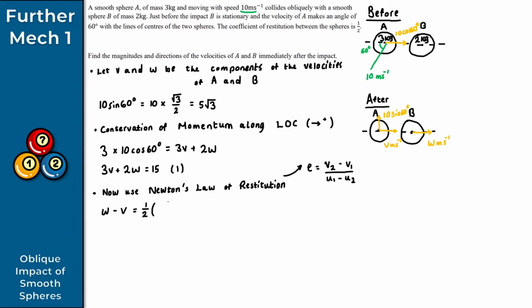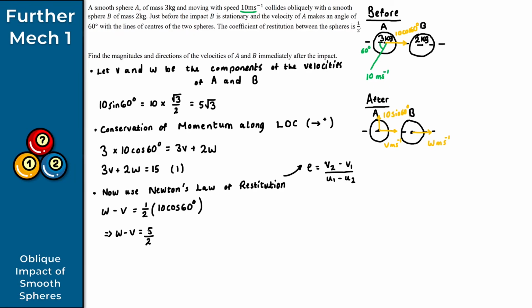I'll get 1 over 2 times 10 cos 60 degrees. Perfect. So cos 60 degrees here again is a half. 10 times a half is 5. 1 over 2 times 5 gives me 5 over 2. Perfect. So what I get here then is our second linear equation. So W minus V is equal to 5 over 2.